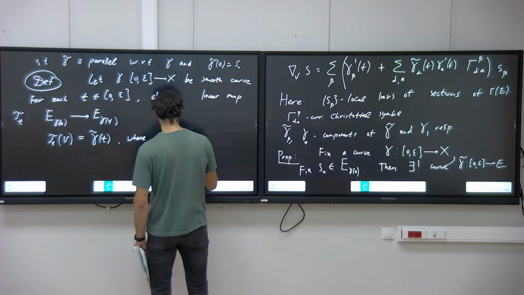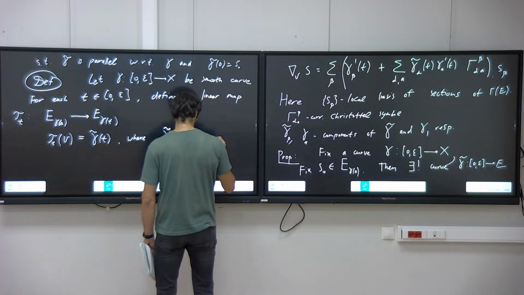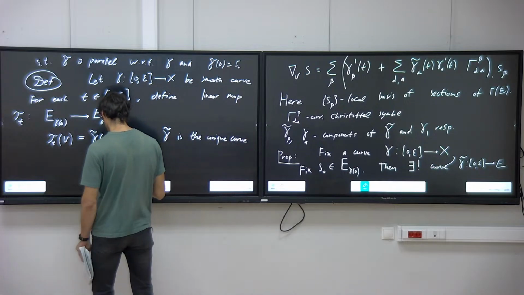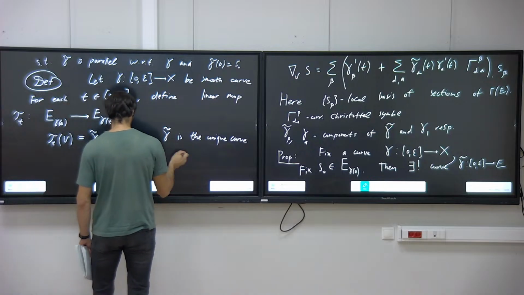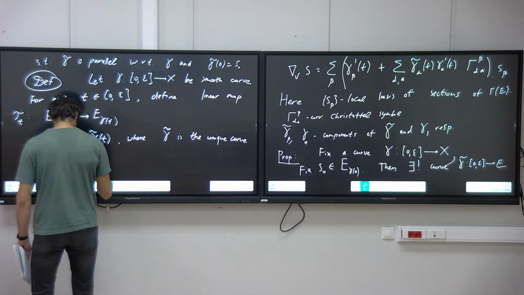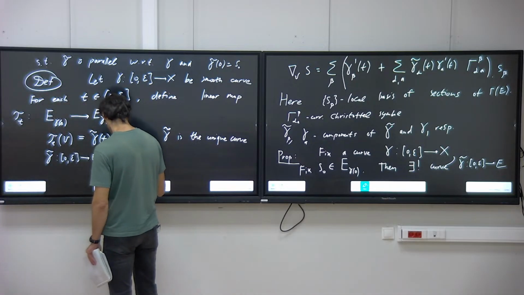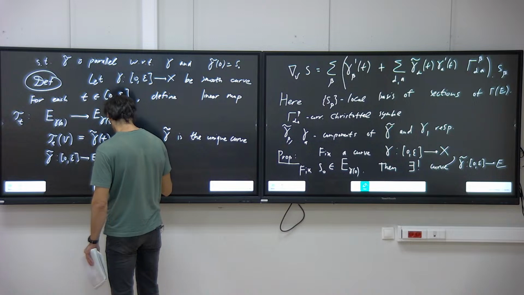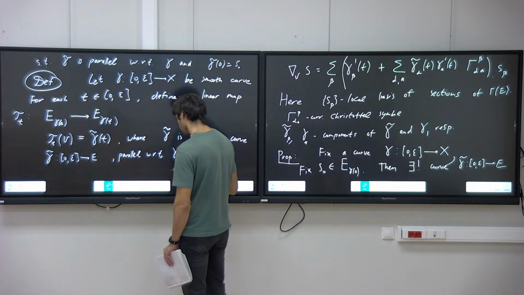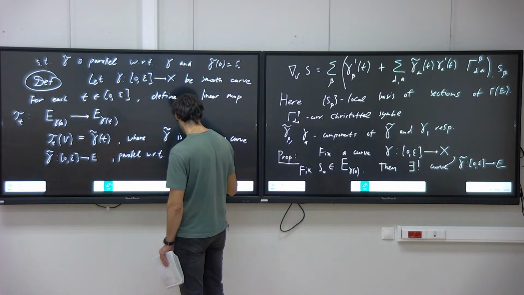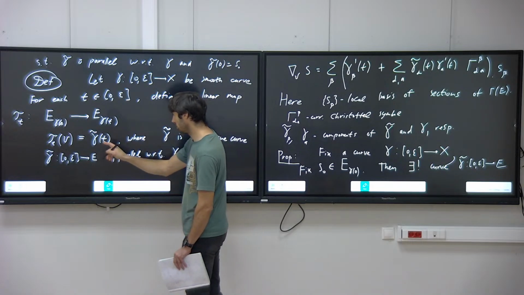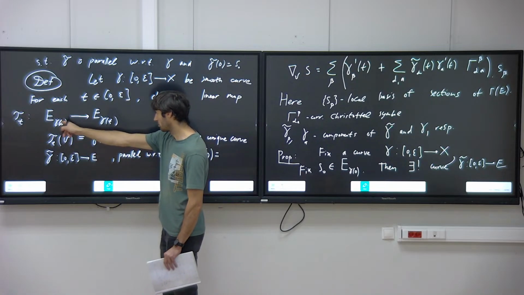It's the unique curve gamma tilde from 0, epsilon to E, parallel with respect to gamma, and also gamma tilde at 0 is my v, which I picked from here.